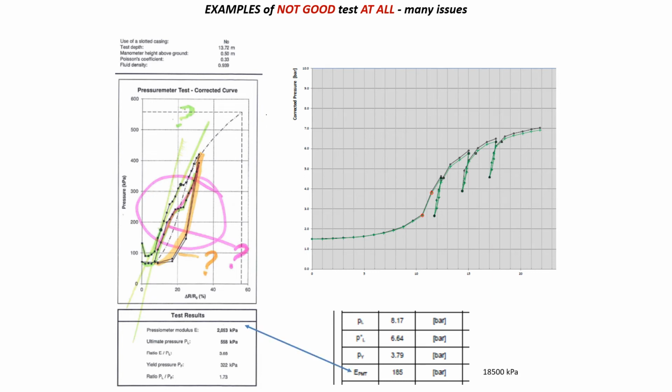Look at this. Again, you have 2000 Pressuremeter modulus. After it was redone the proper way, you have 18,000, almost 10 times. Again, the limit pressure was not so different, 558, 600, so 100 kilopascals. So it couldn't influence your eventual bearing capacity, okay?